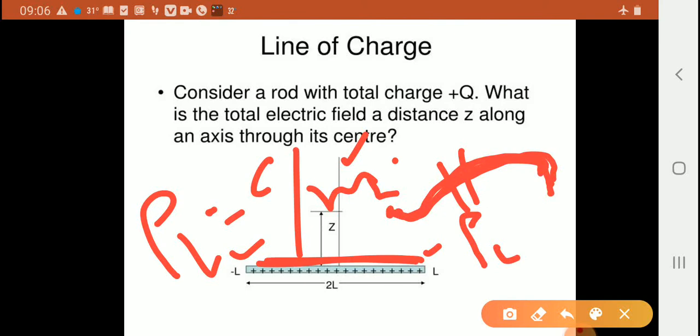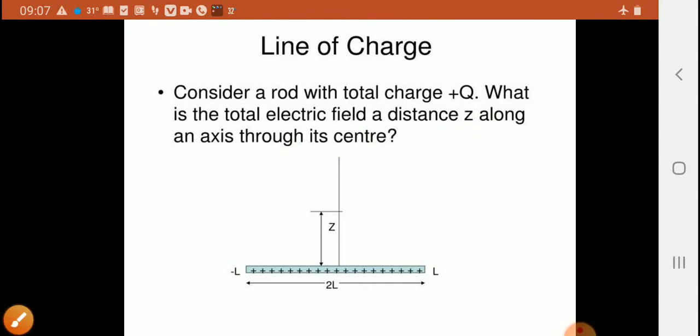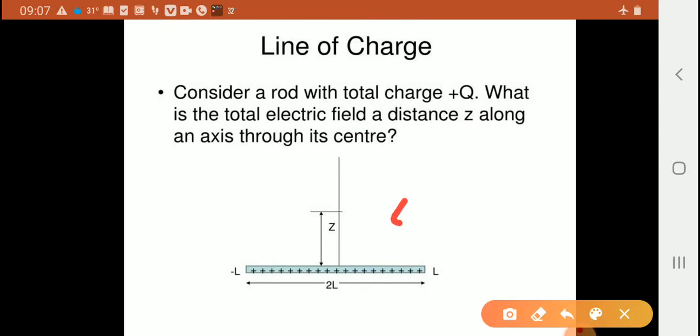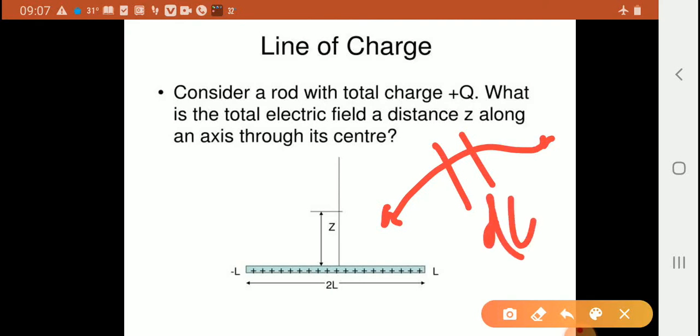Now consider a small differential length dl. If rho L is multiplied by the differential length dl, we get the differential charge dq. So dq is the charge on a small length of constant charge density.